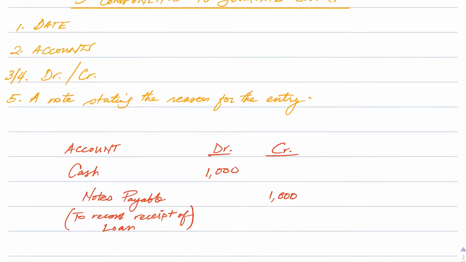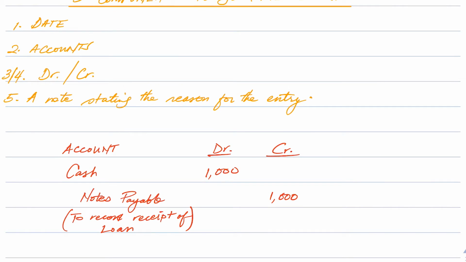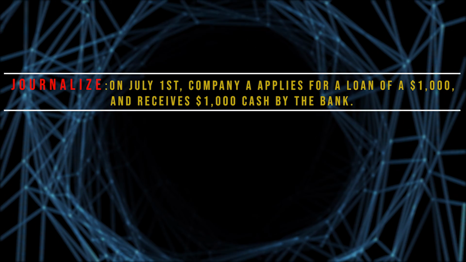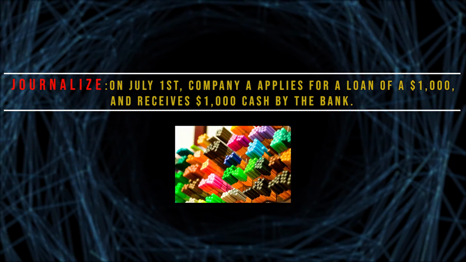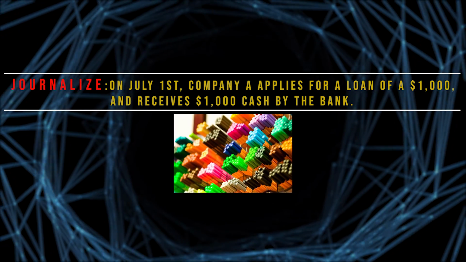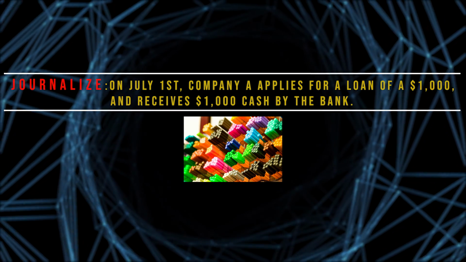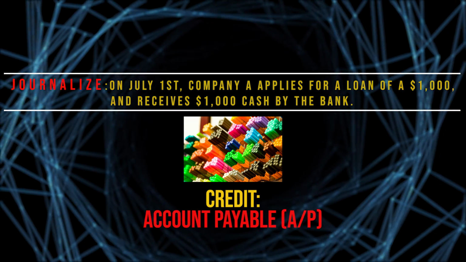So now that we've debited an asset account, we must in turn credit a liabilities account or a stockholders' equity account. And in this case, as the example states, we applied and received a bank loan for $1,000. So a loan is a liability. It's money that we have to pay back. The same would have been the case if we had bought a box of pens for $1,000. The only difference is that we would be crediting accounts payable for $1,000.